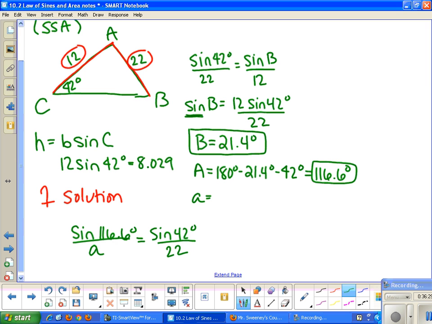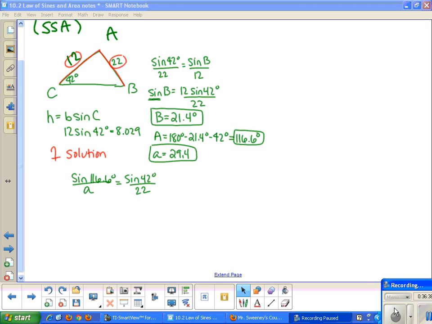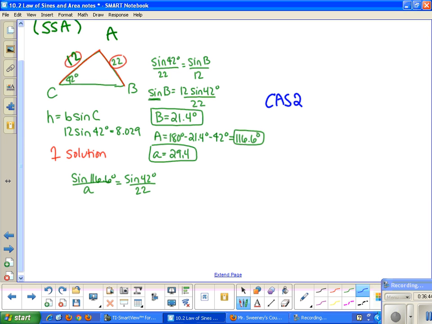When you cross multiply and solve this, you get a is equal to 29.4. So that would be my triangle answer. Let's say that we thought that there was a second case. So if I tried to do a case 2, let's see what would happen. So I didn't know that there wasn't a second case, but I'm going to try to solve anyway.